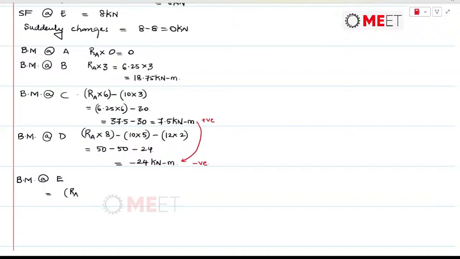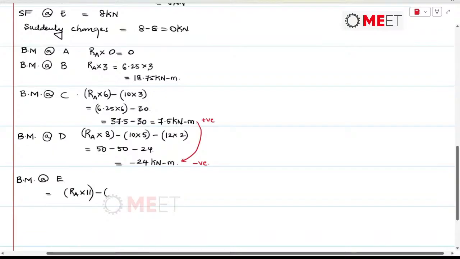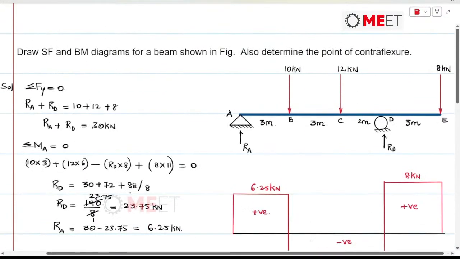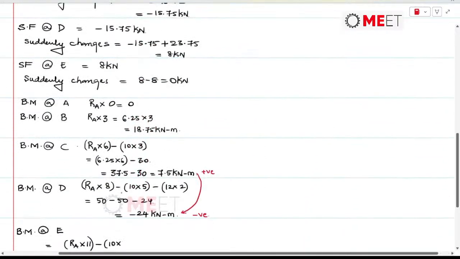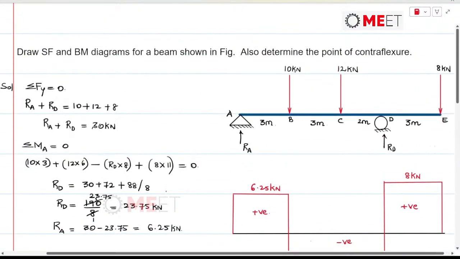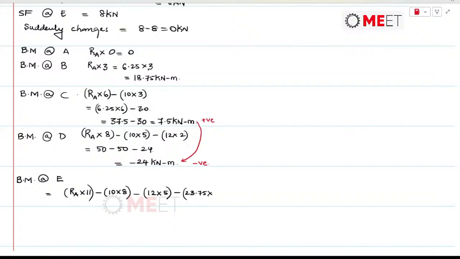So RA into the perpendicular distance, which is 11, the total span, minus 10 into the perpendicular distance from B to E, which is 11 minus 3, that is 8. So 10 into 8, minus 12 into the perpendicular distance, which is 2 plus 3, that's 5, minus RD. RD we have got as 23.75 and the perpendicular distance is 3.